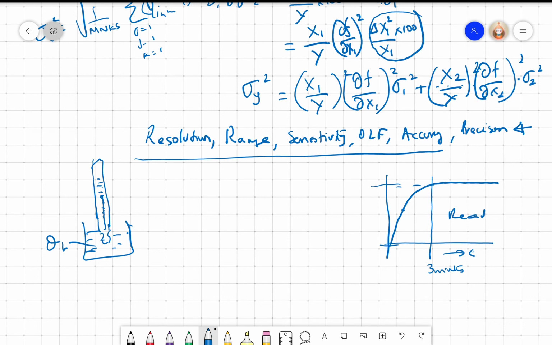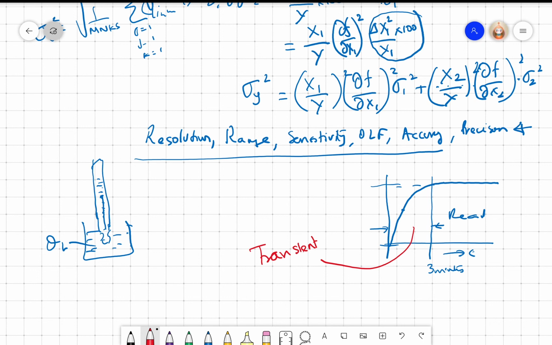So if I look at this period, let me use a different color. This is known as the transient period. In the transient period, the output of the transducer tries to go very close to the final value.